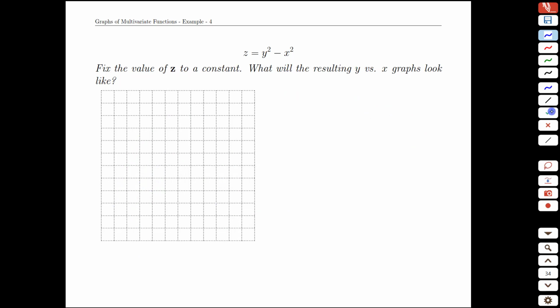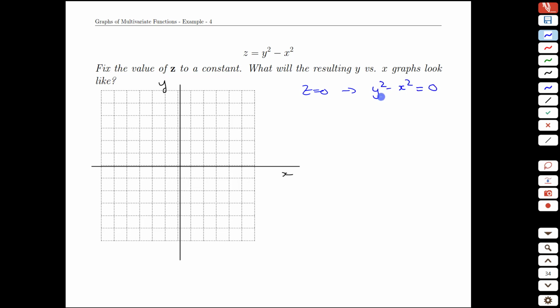All right, one last one. In fact, we've already done some of this, so it's a good practice just to remind ourselves of what we saw earlier. What we found was if we pick z equal to a constant, in particular if we pick z equals 0, that gave us a quite different relationship from the last two series.